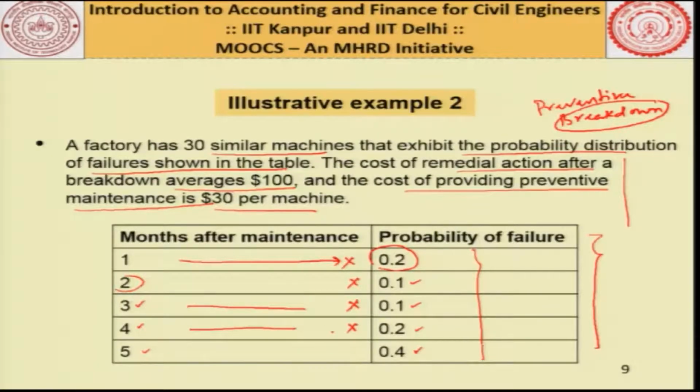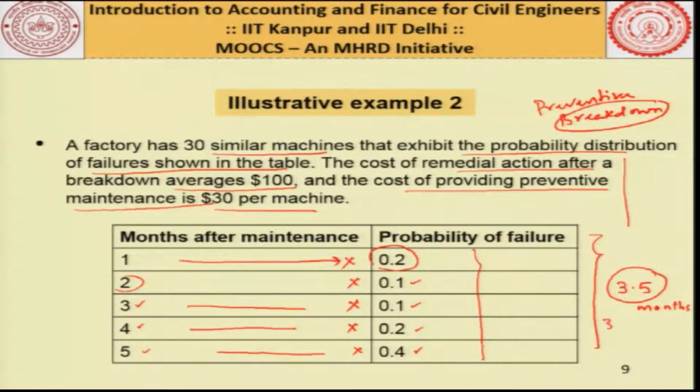Likewise 4 into 0.2 and 5 into 0.4. If you calculate it like this, you will find you are getting this value as 3.5 months. So that means 3.5 months is basically the frequency in which machines are breaking down.